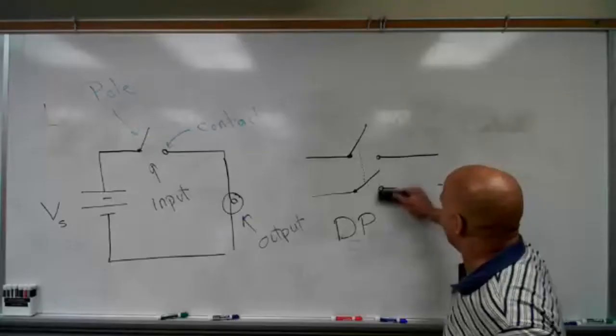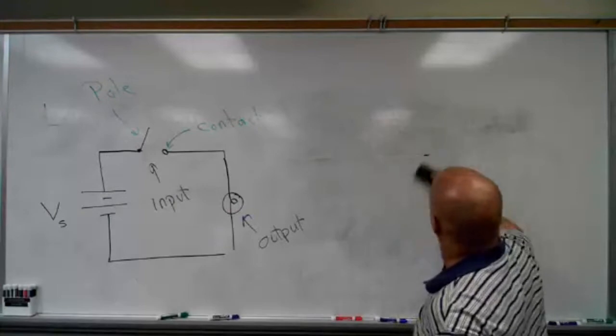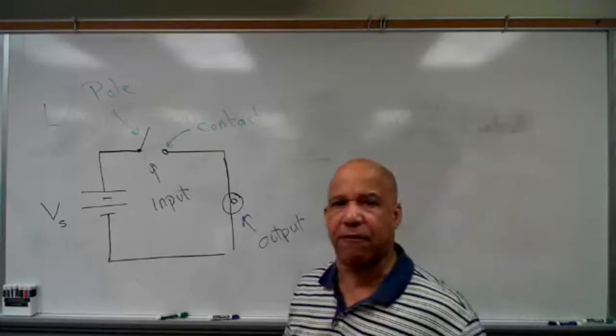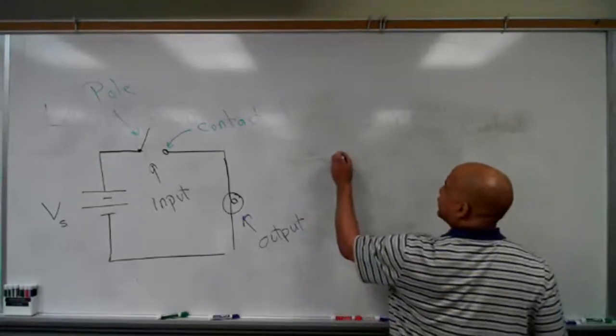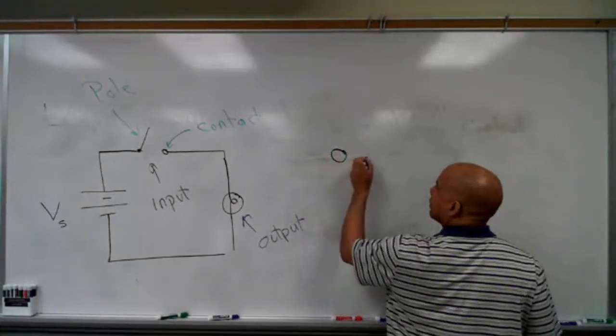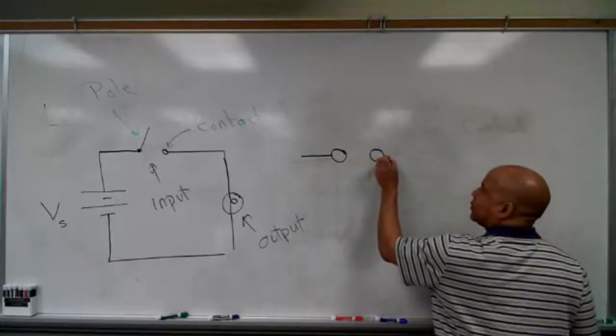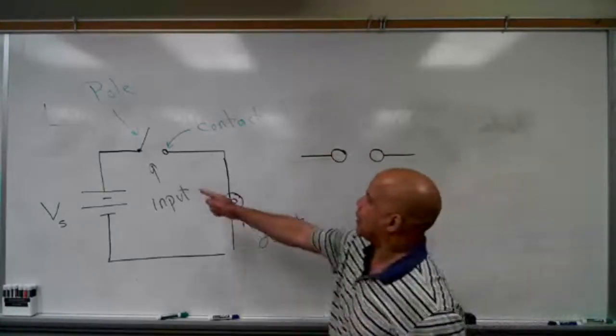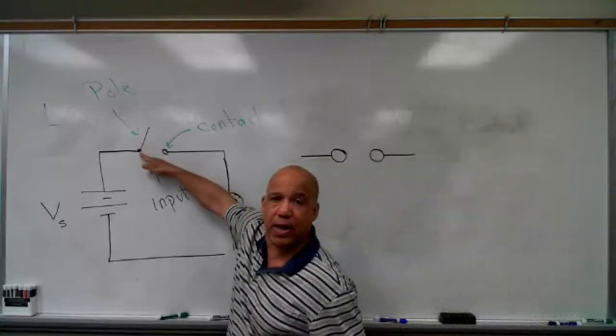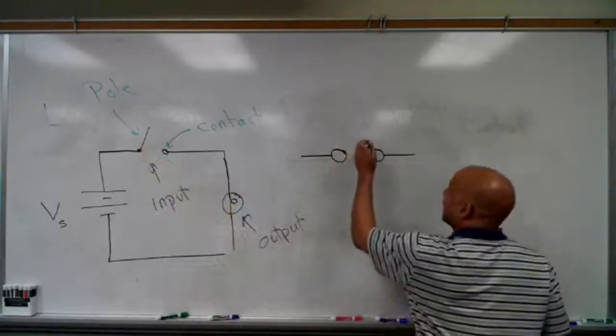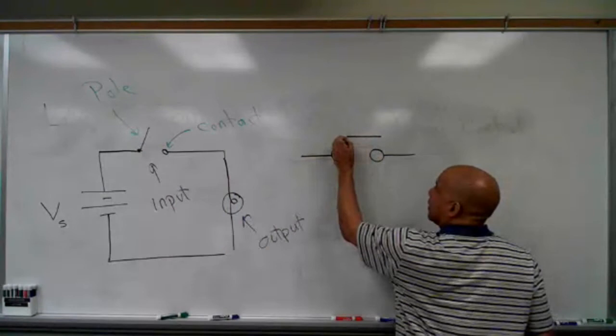Let's look at a button. So a button is kind of constructed a little bit differently. So what you'll have is you got your two contacts, and you got, say, wire connected to the two contacts. But instead of the pole pivoting at one point like this, they'll have the pole like this, right?